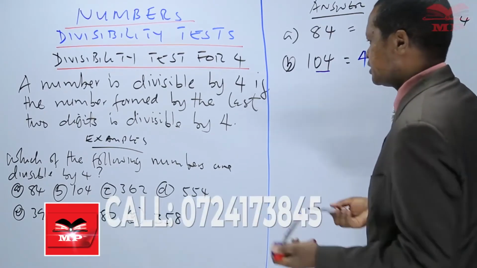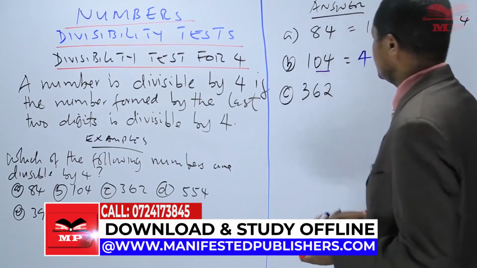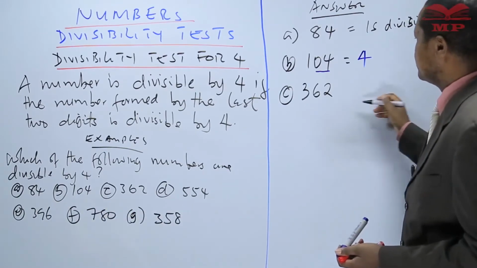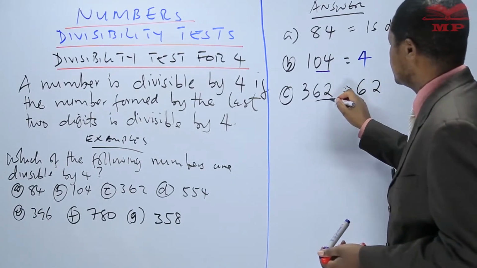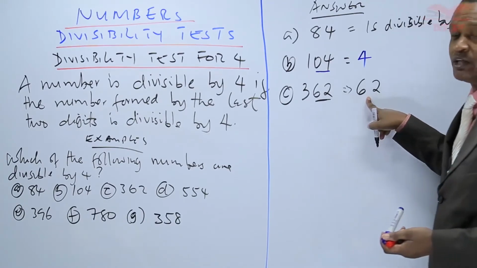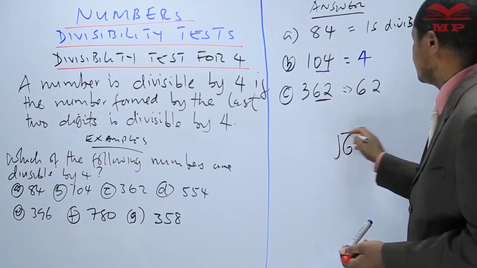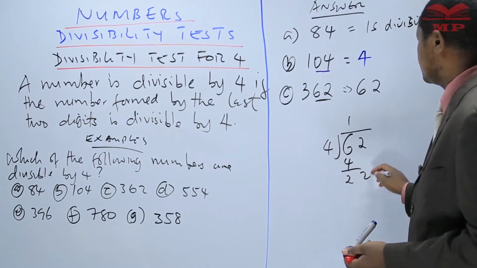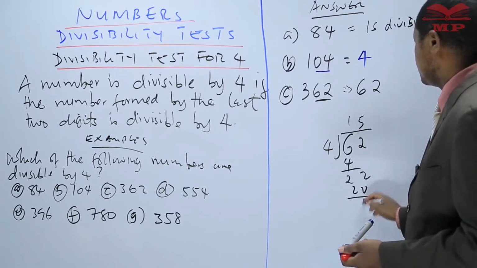Then the next number is C, 362. The last 2 digits form the number 62. So is 62 divisible by 4? 4 goes into 6 once, 4, 22, then 4 goes into 22 5 times, giving us 20.